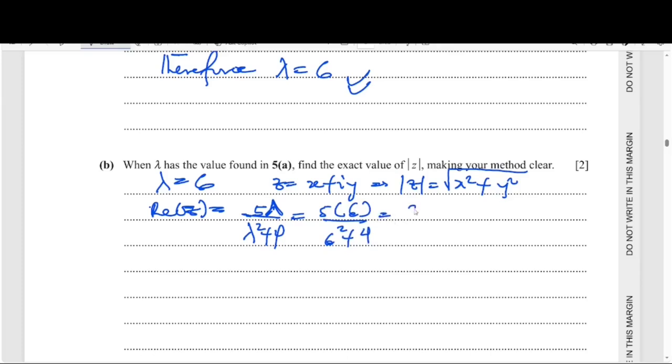And that is going to be 30 over 40. So you have 3 over 4. That's the real part, which is also the same as the imaginary part of z. That means our complex number is 3 over 4 plus 3 over 4 i.